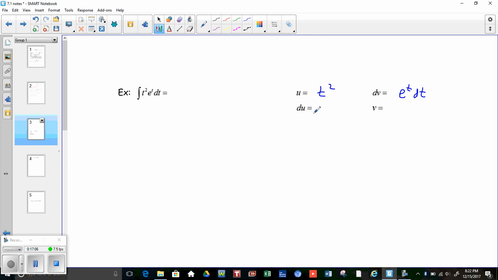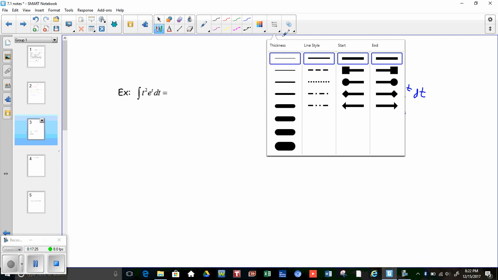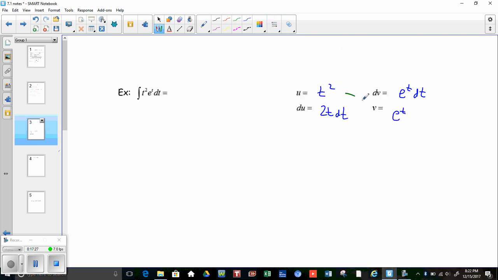Okay, and then we're going to need to find du, which is the derivative of this. So that's 2t dt. And then we have to find the antiderivative of this one, e to the t. Fortunately, the antiderivative is e to the t. That was nice and easy. So let's go ahead and follow our pattern, which says u times v minus the integral of v du.